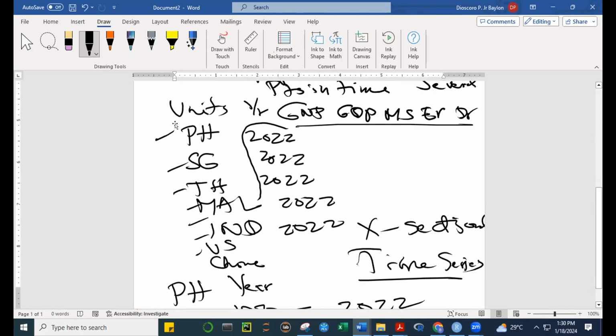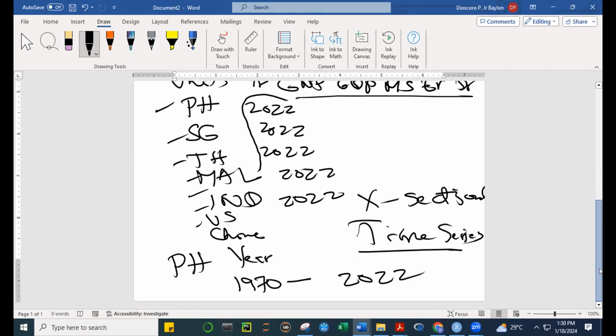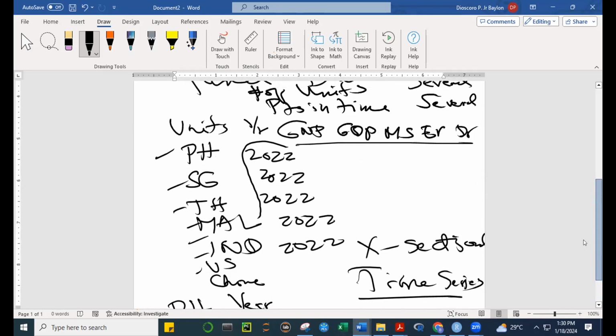So going back to our example, if we combine itong several countries ito, no? Okay? And then we take data from 1970 to 2022. So ano mangyayari doon? You have several units and several points in time. So that's what we call a panel data. Okay? Of course, in terms of analysis, pinakamagandang i-analyze, mas rich and mas robust yung magiging output natin is panel data.